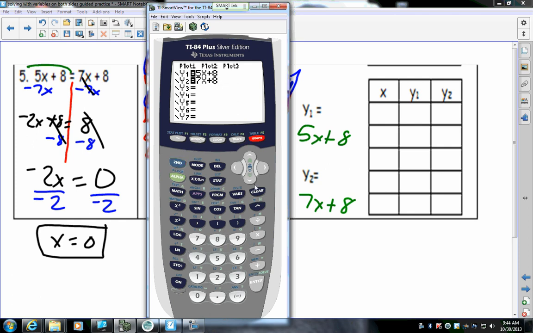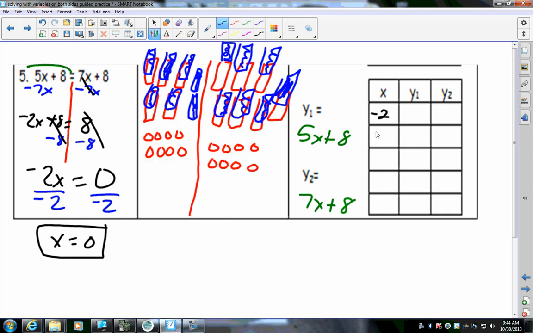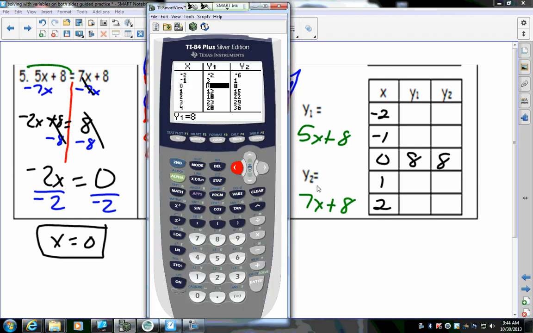Second graph. I believe the answer is 0. y1 and y2 are both the same. That means that I am right. So I have -2, -1, 0, 1, 2. I knew that 0 is 8 and 8. Let's see.